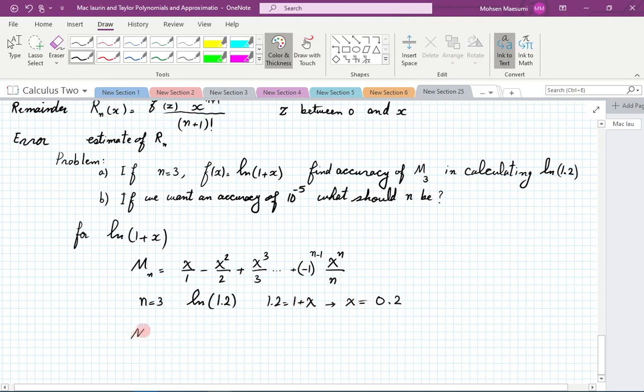So if you want to calculate M3 at 0.2, you get 0.2 over 1 minus 0.2 squared over 2 plus 0.2 cubed over 3.